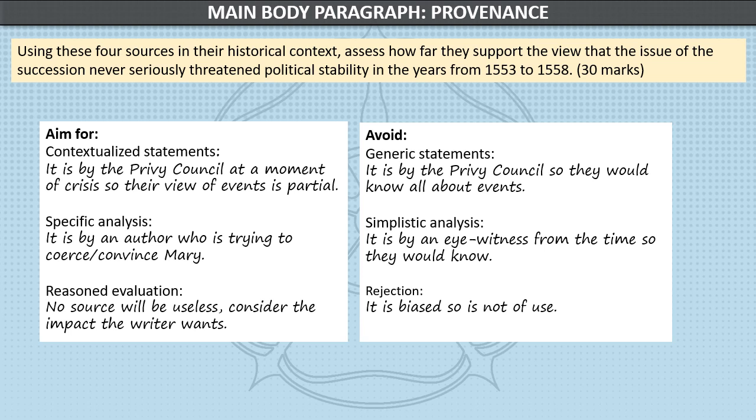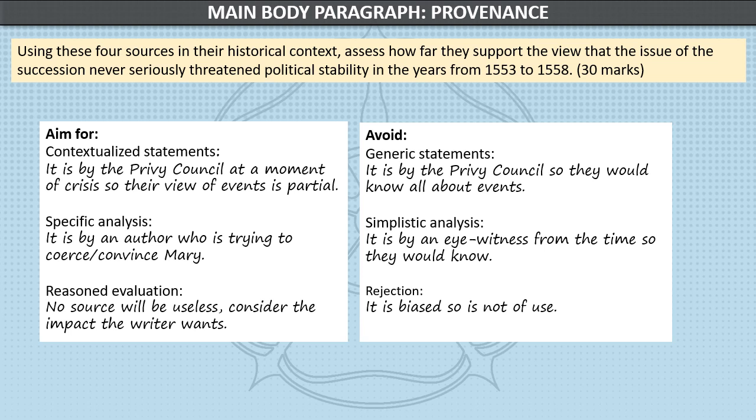By that I mean how the nature of the source or the author of the source impacts on the specific question that you're looking at. We're also looking to judge specific aspects of tone, considering the purpose of the source, and we're going to try to avoid rejection of the source on the basis of bias.